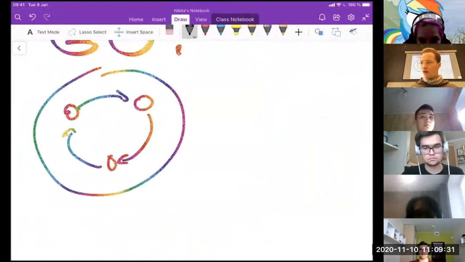So the next question is, among all of these 4 conditions, how many of them should hold to have a deadlock? All 4.